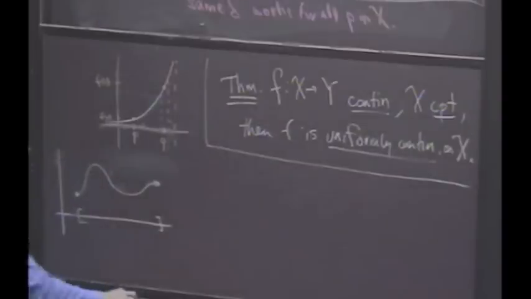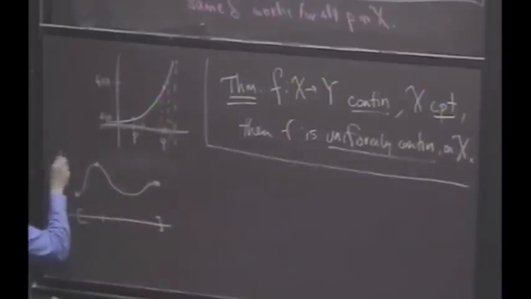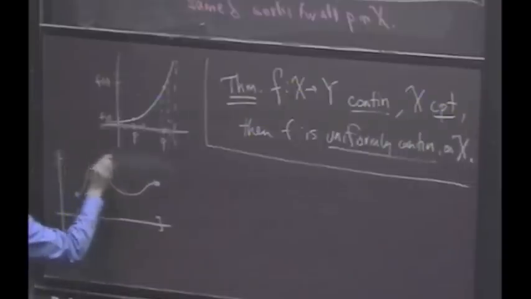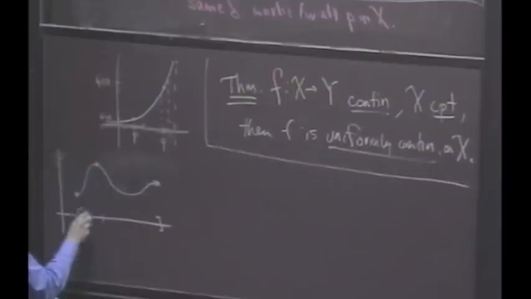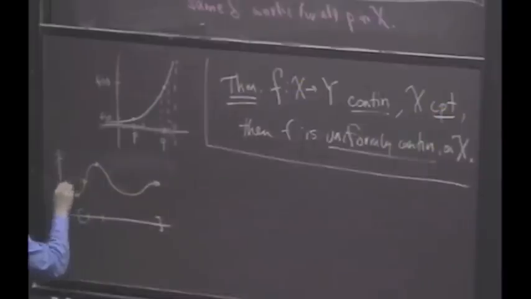Let's look at some sample points. Here's a point, and here's its image. Here's a delta ball around it. Okay. Here's a point, and here's its image. Lands in here. There's a delta ball, an epsilon ball around it.